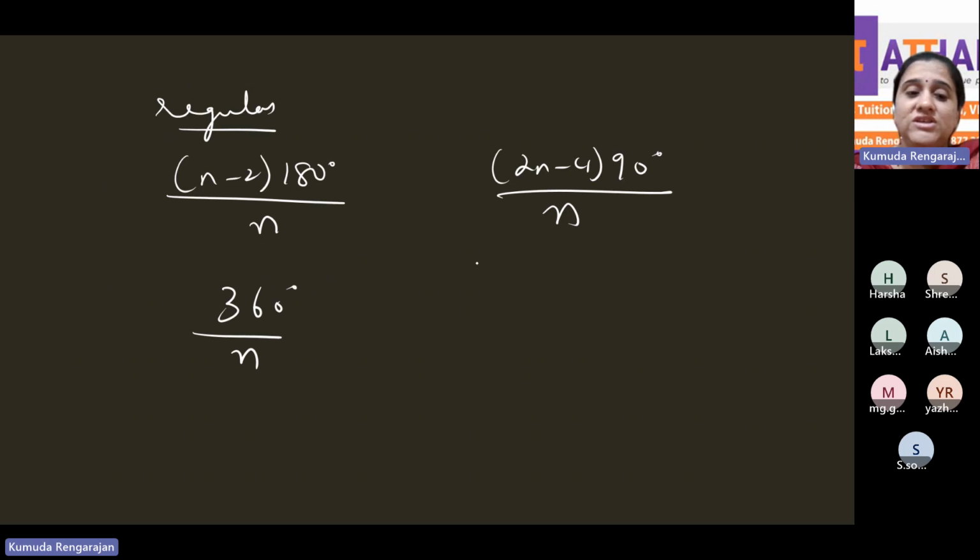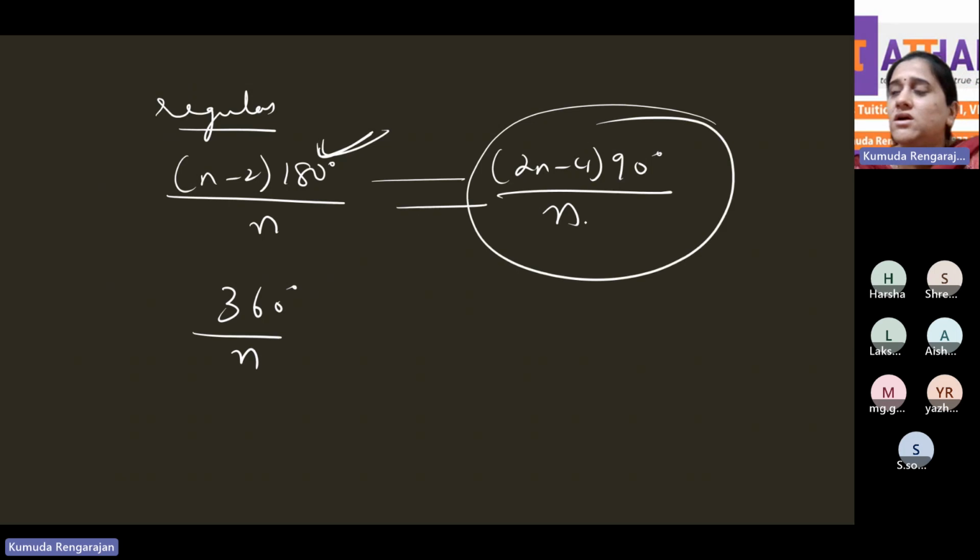Each exterior angle is 360 degrees by n. Each interior angle will be n minus 2 into 180 by n or 2n minus 4 into 90 by n. Both will give you the same answer. This I just introduced so that you don't go wrong if you have one of these options in the MCQs.